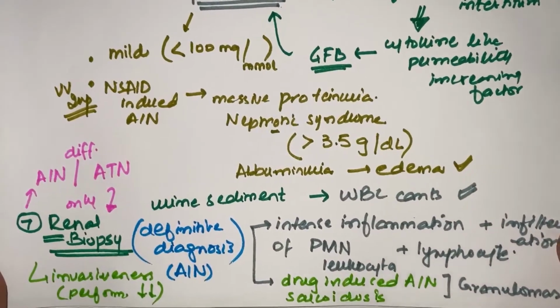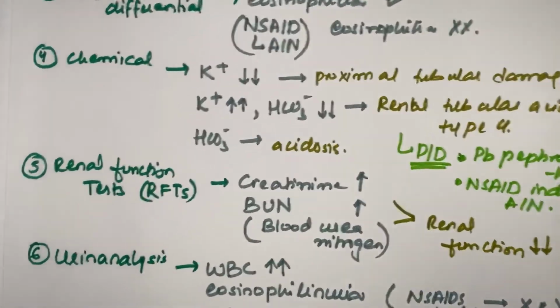Now moving on to our last part of discussion today: how we will manage a patient of acute interstitial nephritis. Now it's very easy. First of all, of course, we know that it's because of some drugs, some offending agents, some toxins or infection. So whatever the underlying cause is, we will first of all remove that cause.